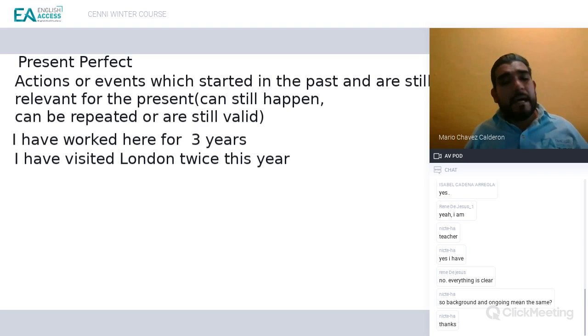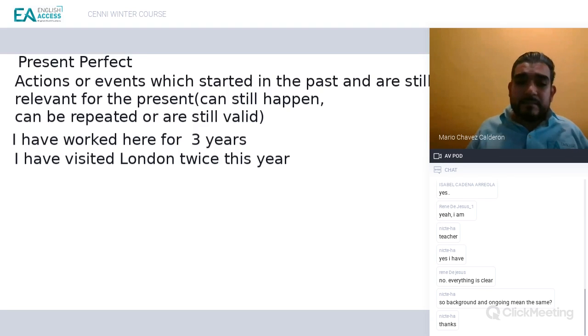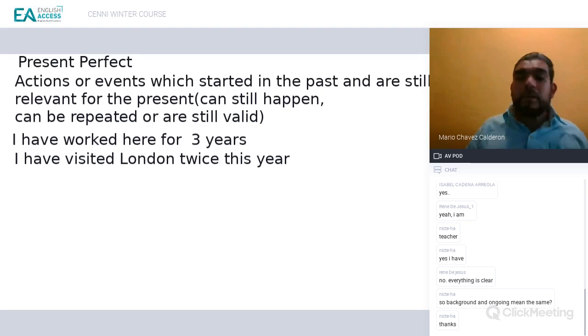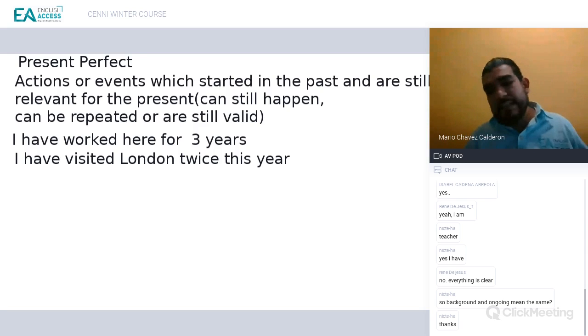It means I visited London 2 times in the past, but it can be repeated again, because the year is not over. Once the year is over, it cannot be repeated, because I cannot say I have visited twice this year.